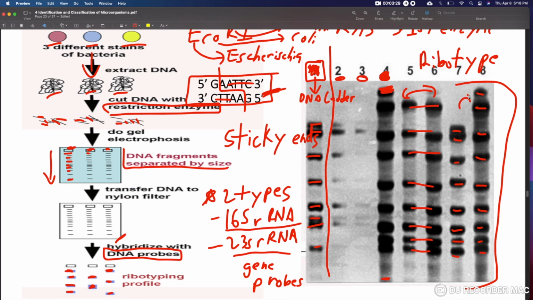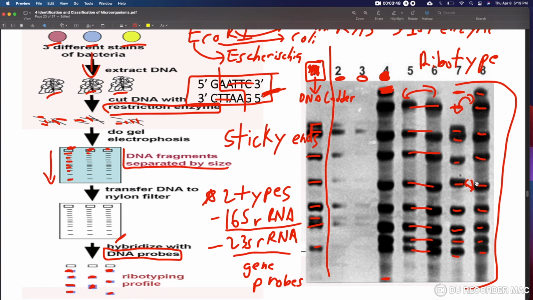But these two, on the other hand, are not the same because this organism 7 lacks the bands here and bands right here. And also, it's not perfectly aligned together. So that's how you interpret your ribotype.